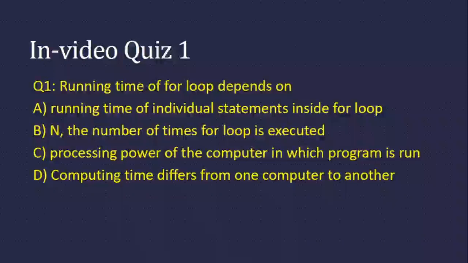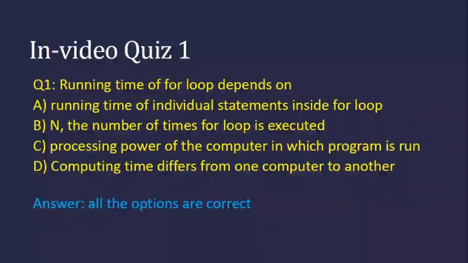C, does it depend on the clock speed of the computer, that is the CPU speed, or which processor we use? And D, suppose we run the for loop in a faster computer versus a slower computer, will there be any difference?